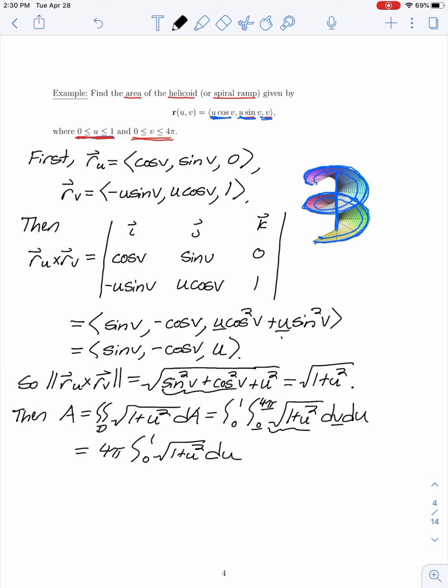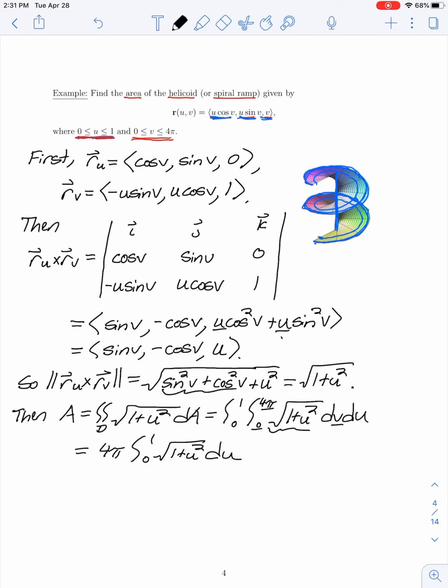Now, this integral is actually quite difficult to evaluate. To find an antiderivative, we can't use a substitution here. We see that our integrand involves the square root of a sum of squares, so we could make use of a trig substitution.